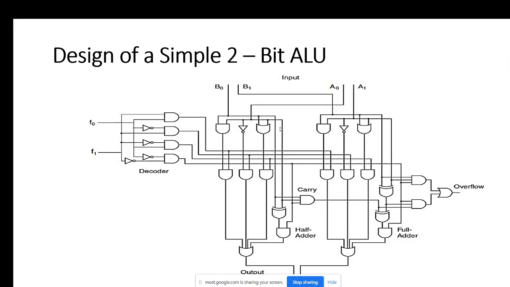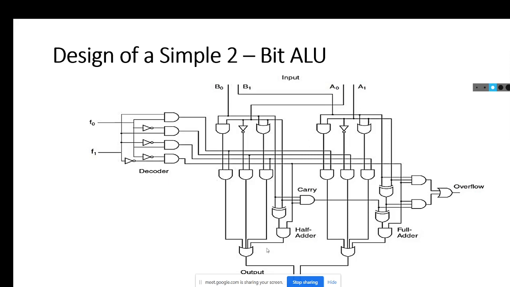So then this is a very simple ALU. Actually, this is a 2-bit ALU, which is given in your reference book. I am not going to discuss this because I did exactly this same session about April or May, while the lockdown was happening for you guys. Some of you attended that one also.